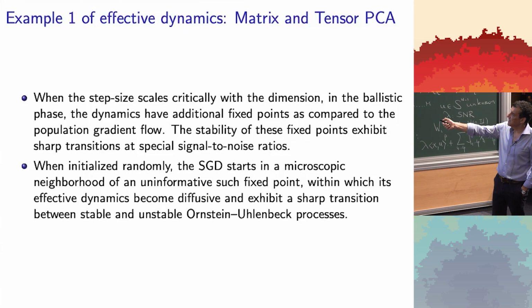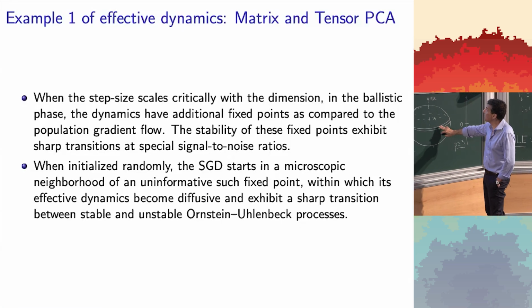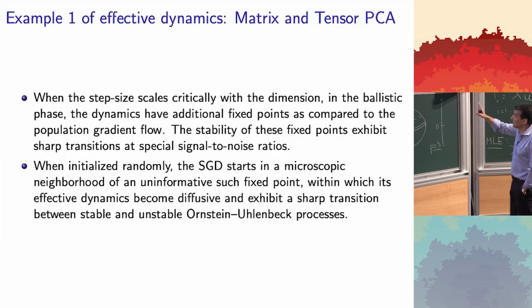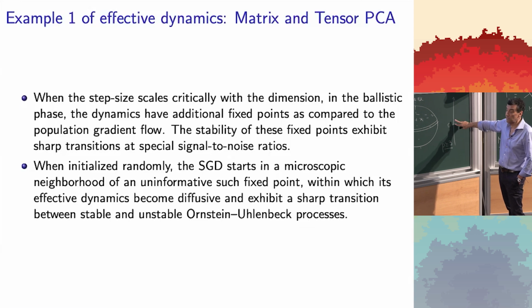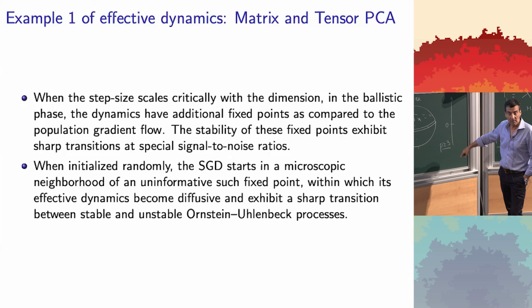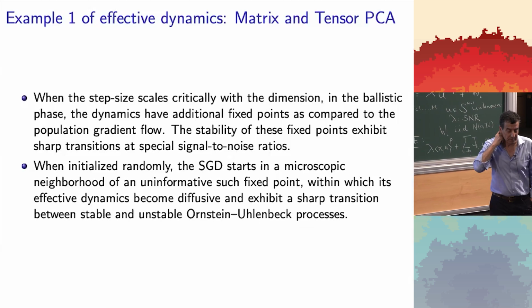But let me just say that when you initialize randomly, which means in the sphere you initialize near the equator, the SGD starts in a microscopic, as I explained, neighborhood of an uninformative fixed point. And for the effective dynamics, there is a sharp transition depending on the signal to noise ratio. It's either a stable or an unstable Ornstein-Uhlenbeck process in dimension 1. So which one is good? Is it stable or unstable?